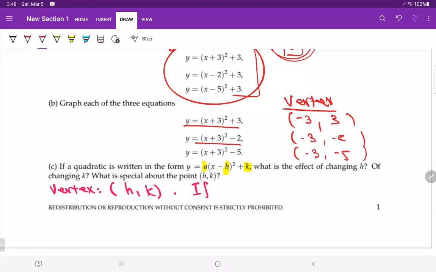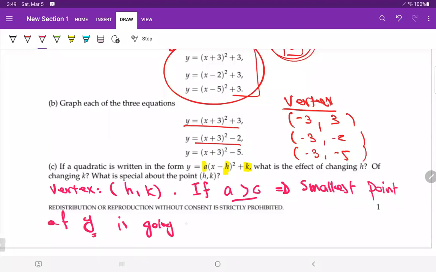If A is positive, it's going to open up, so K is going to be the lowest point, the smallest value of Y. It's going to be something like this, opens up. This is H, this is K.